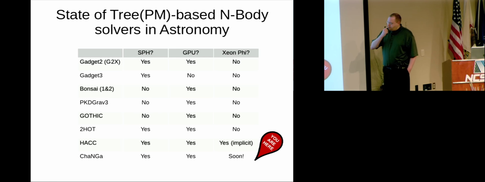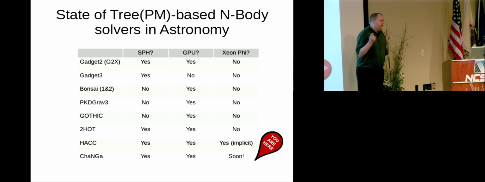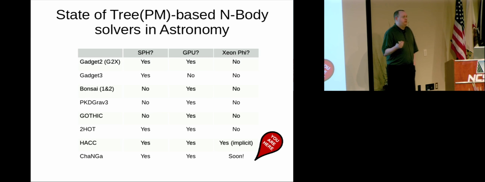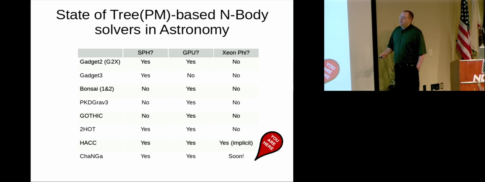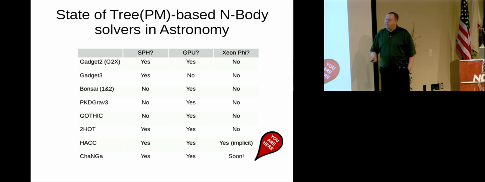So to do that, we employ several different types of n-body solvers. I'm going to be focusing on these tree-based solvers. Some of them also have a particle mesh component, but these are the most popular ones, I would say. There may be a couple in here I didn't remember.